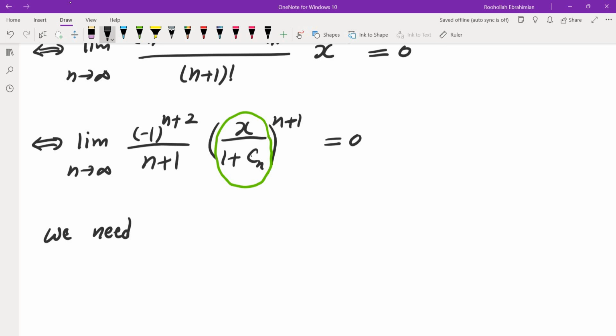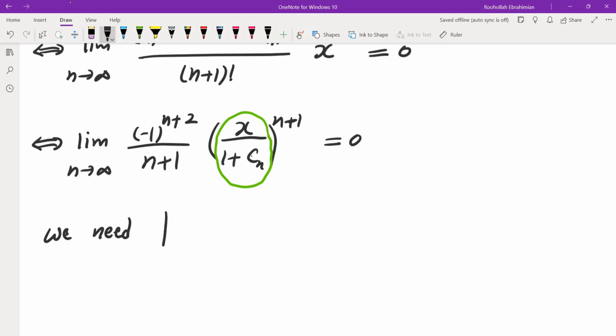So if we were to show that this actually approaches 0, we need the exponential to grow slower than n plus 1, and that could only happen if that exponential is just something less than or equal to 1 to the power of n plus 1.